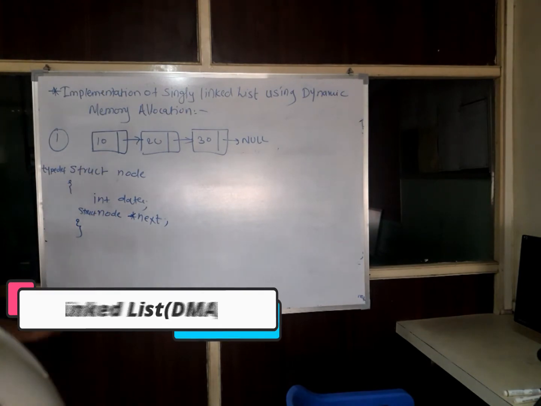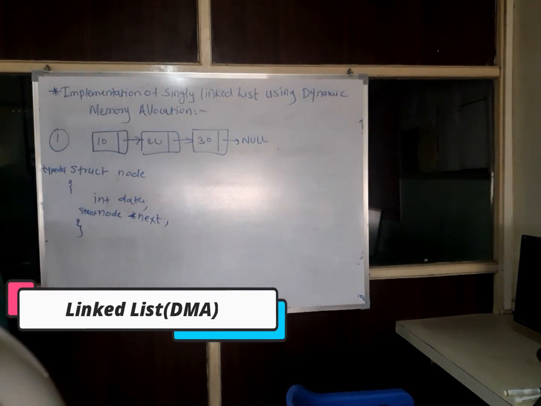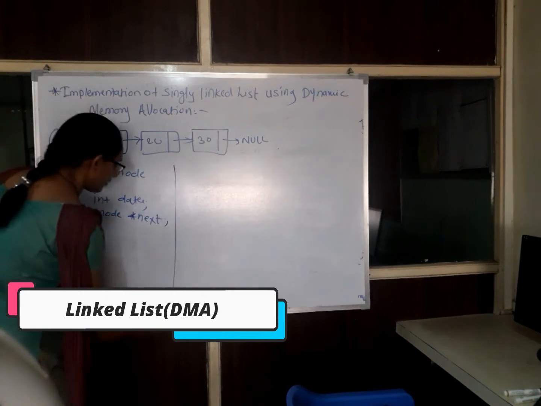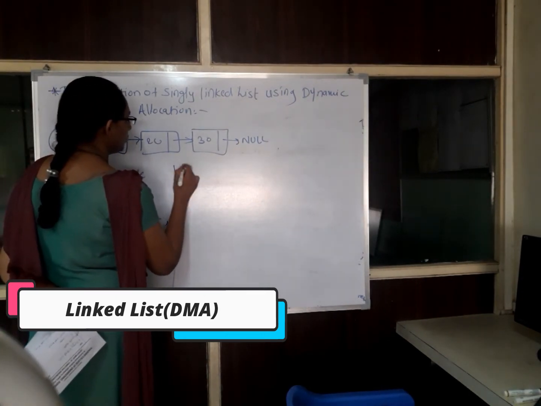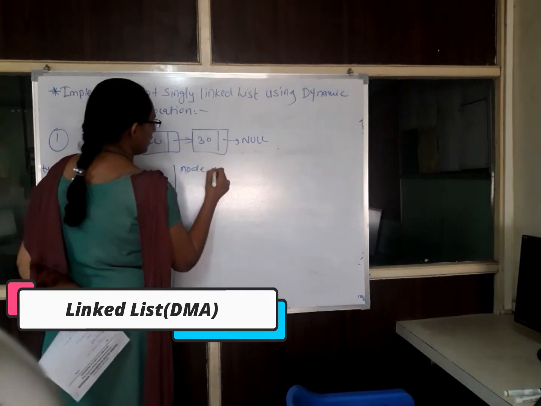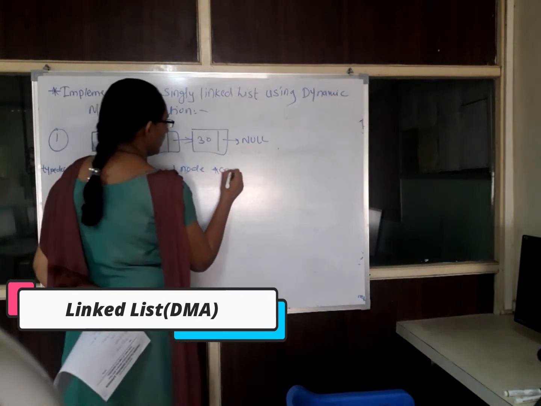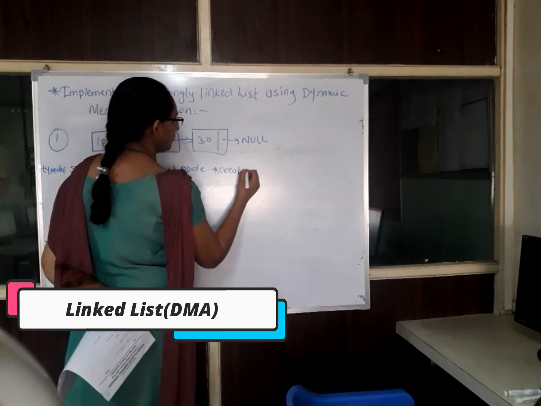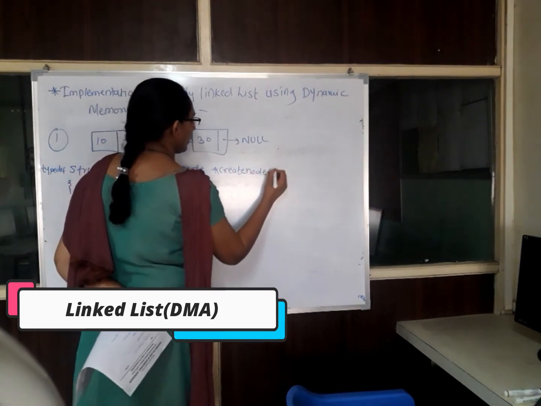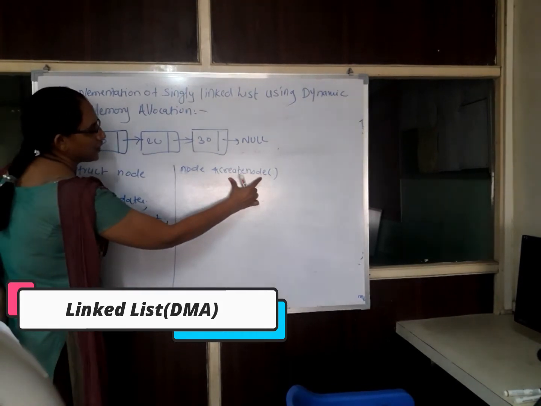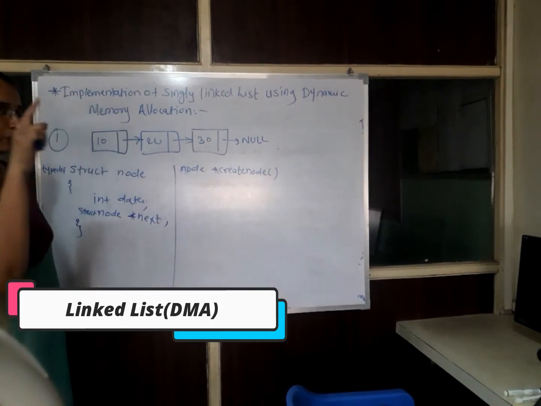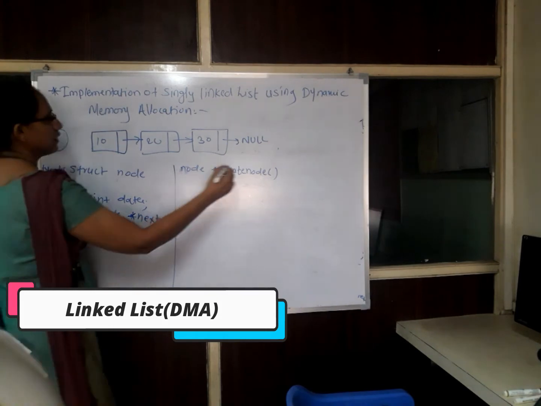Now how to create a node? Dynamically. So to create a node, there is again one function: node pointer, createnode. Here createnode is the function name which creates a node, node meaning this node.